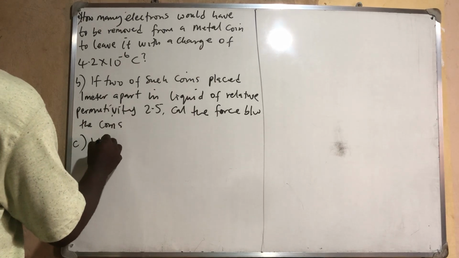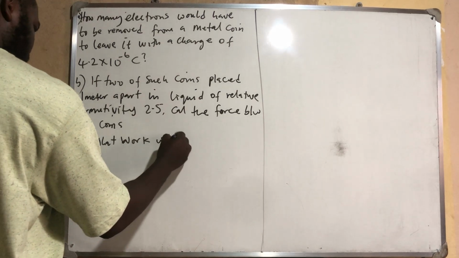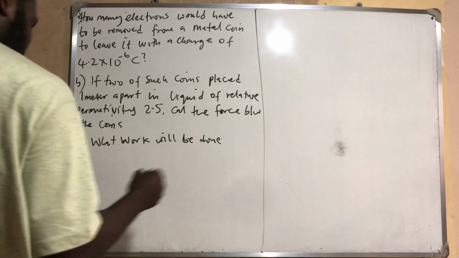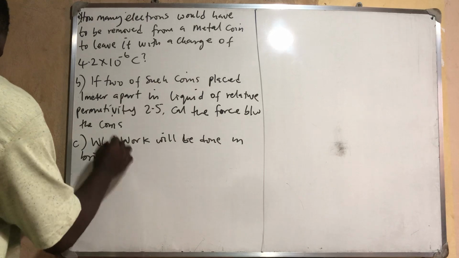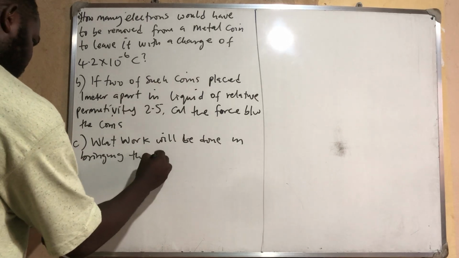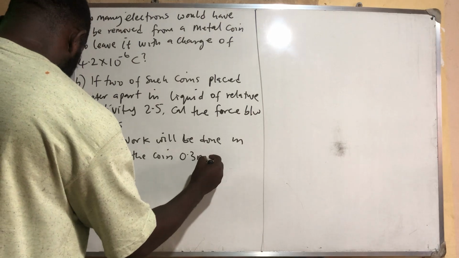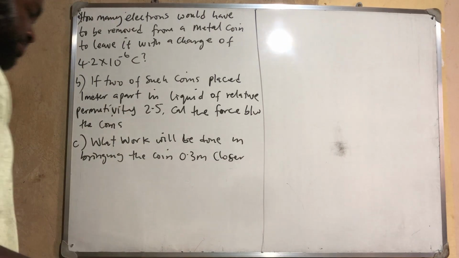C, what work will be done in bringing the coin 0.3 meter closer, okay.